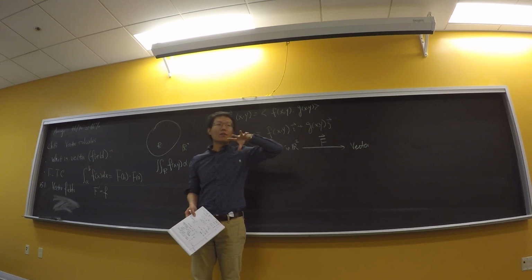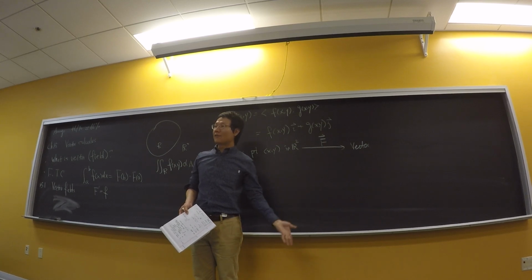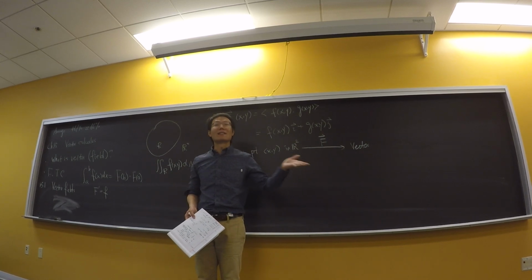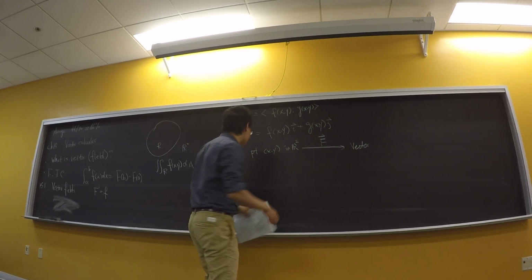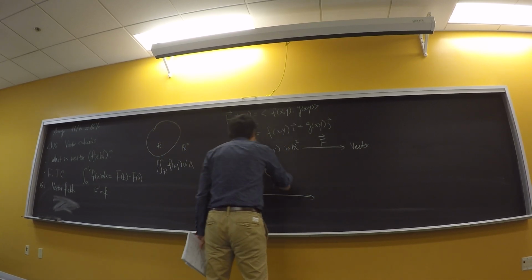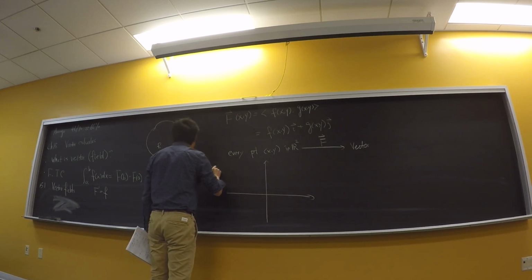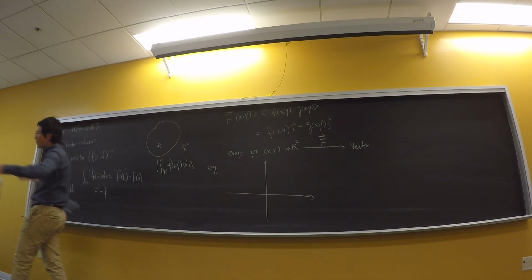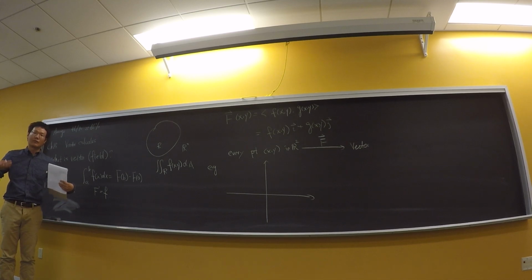If you find these vectors at different points on R2, you're getting a field of vectors. That's why it's called a vector field. You're getting a vector at every single point. If you find more and more vectors at different points and group them together, you're getting a family of vectors, and that family of vectors is called a vector field.